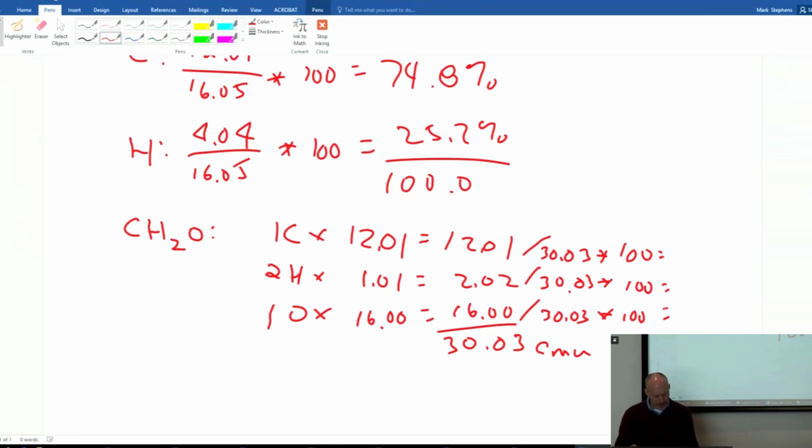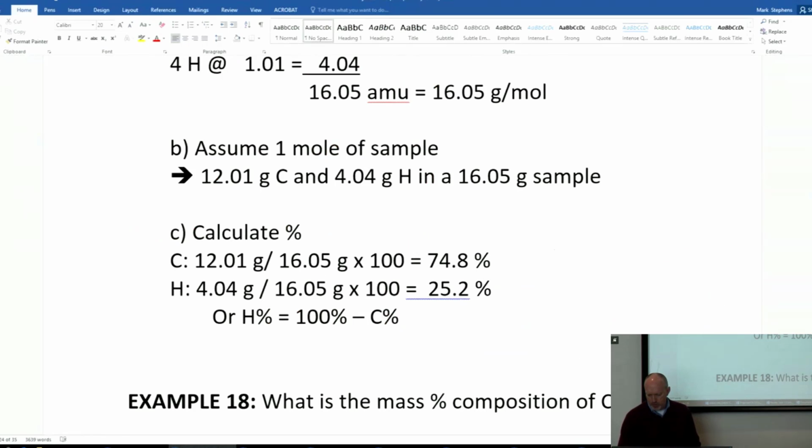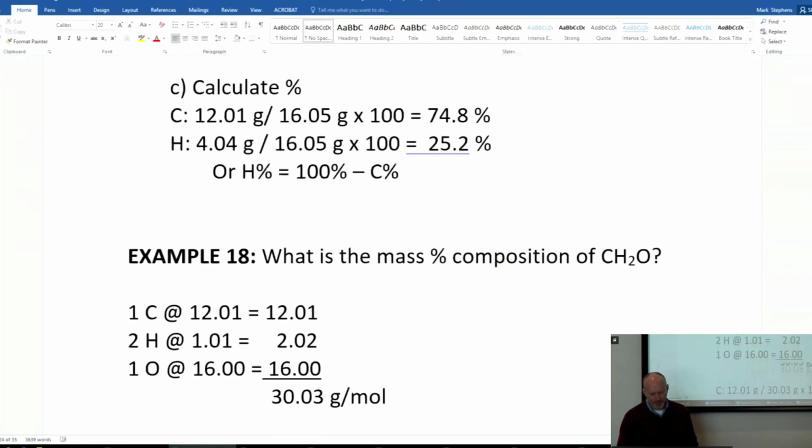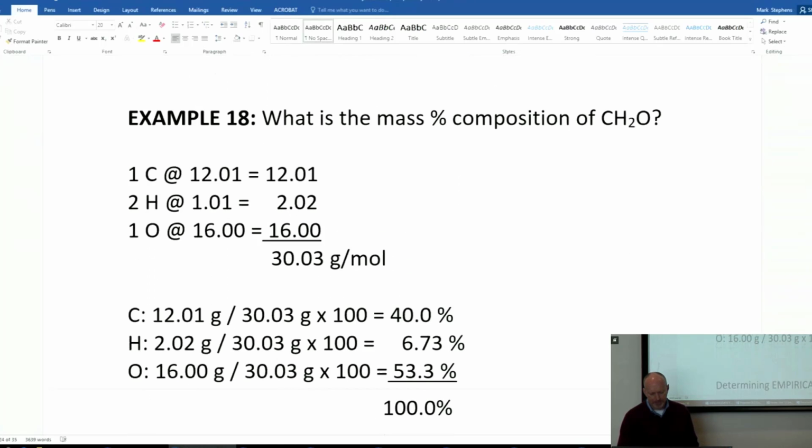Now when I punch those up, 3 sig figs, 40.0%, 6.73%, 53.3%. And I gather my terms, I add everything together to check my work, and I see, indeed, I get 100. That's pretty straightforward. We did one of those in lab.